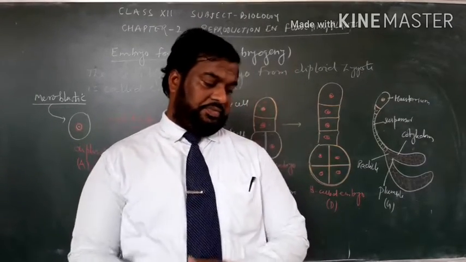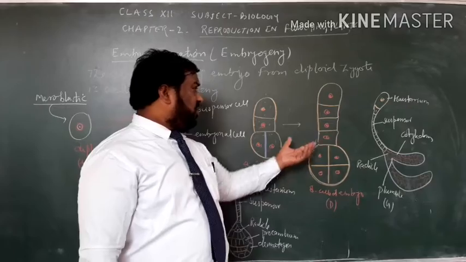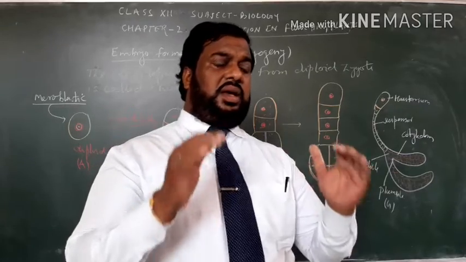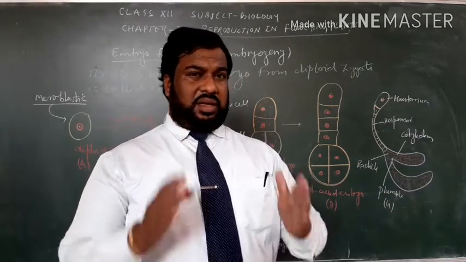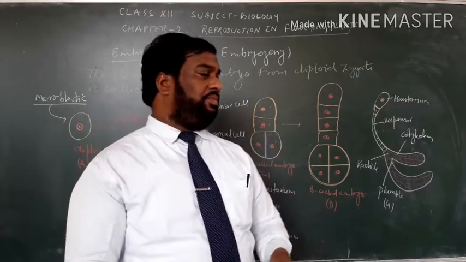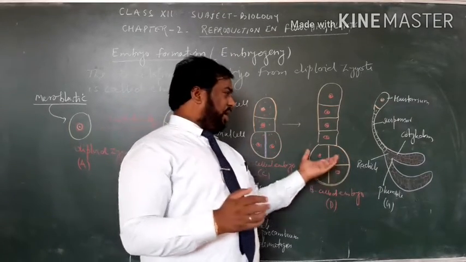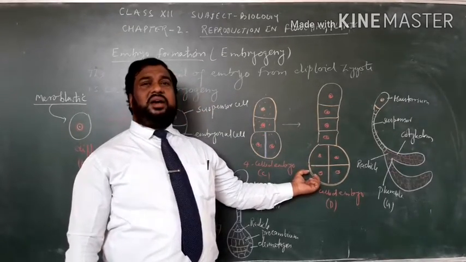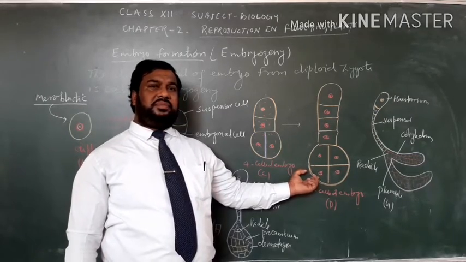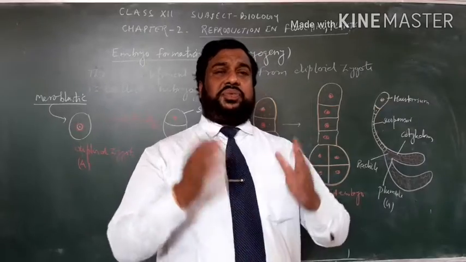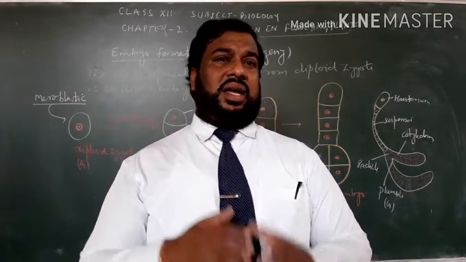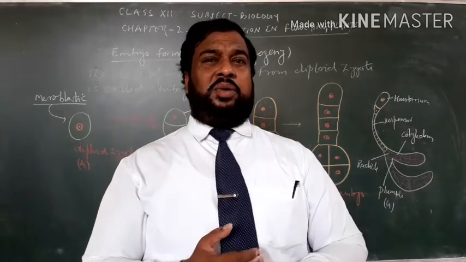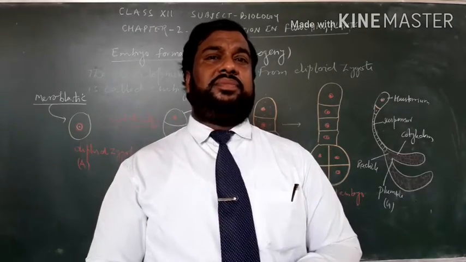Dear students, when the cell is the egg cell, this is the embryonal mass having two tiers, the upper one the epibasal and the lower one the hypobasal. Epibasal forms the radicle and plumule, while hypobasal forms the dermatogen and procambium.